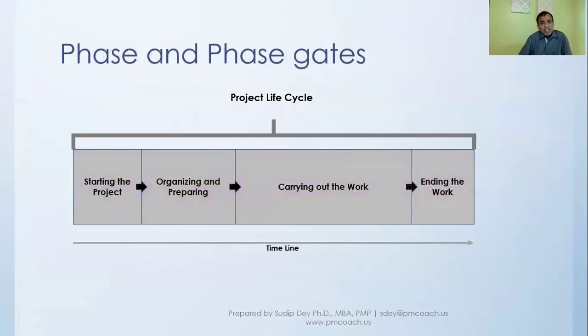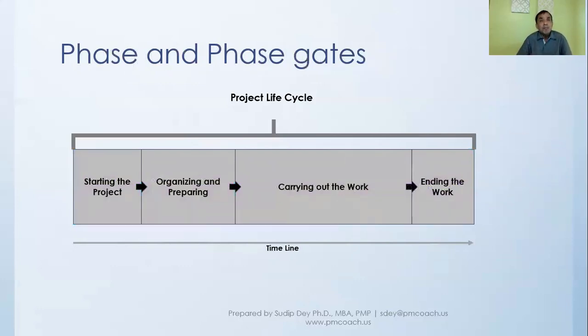So as an example here, we have starting the project, organizing and preparing, carrying out the work, and ending the work. In this particular life cycle, we looked at phases from the perspective of a sequence of events.